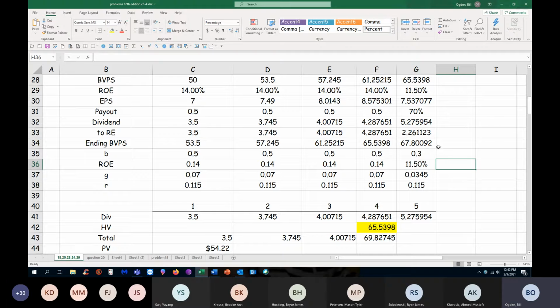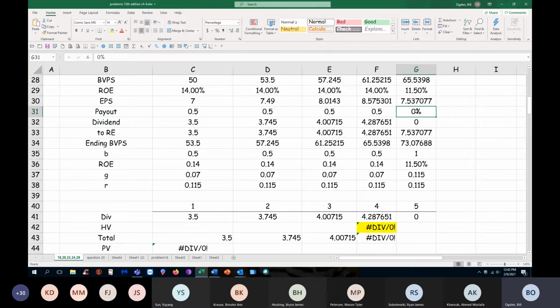Now, the only one you can do wrong here, and it's not exactly wrong, but you're going to create a division by 0. What happens if I don't pay out anything? Yeah, I get division by 0 over here, because you're getting 1115 minus 1115 in the denominator.